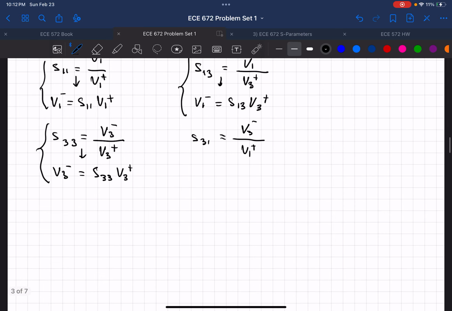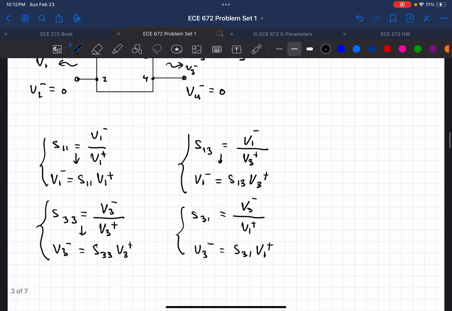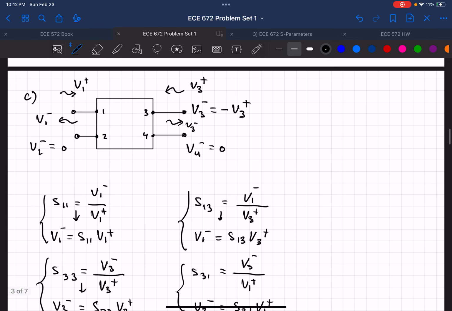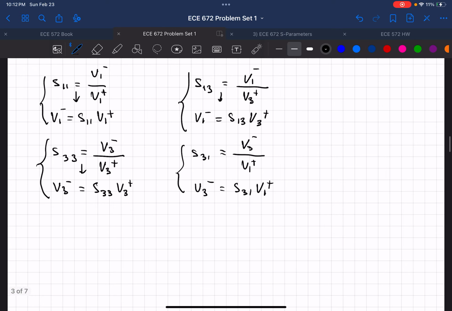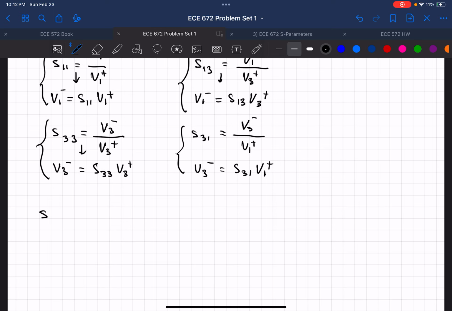And V3 minus is equivalent to S31 V1 plus. The reflection coefficient seen at port 1, right? The reflection coefficient at port 1 means we're looking for port 1.